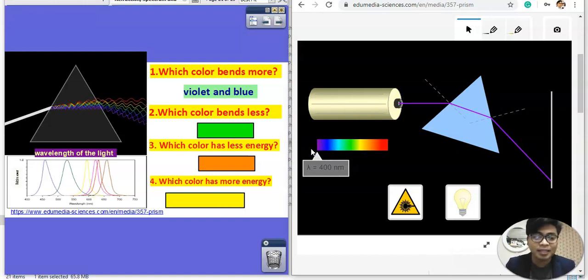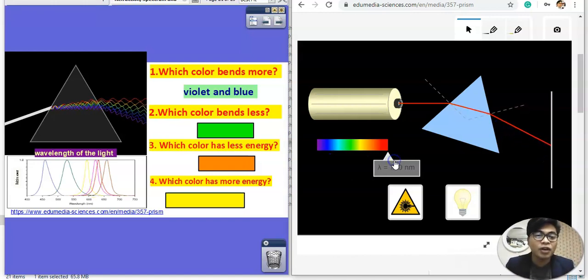So does it bend more or does it bend less? Definitely violet and blue tend to bend more. It has 400 nanometers, which means the wavelength is really short. However, red has 700 nanometers, so the wavelength becomes longer. This also speaks about the energy it is carrying.